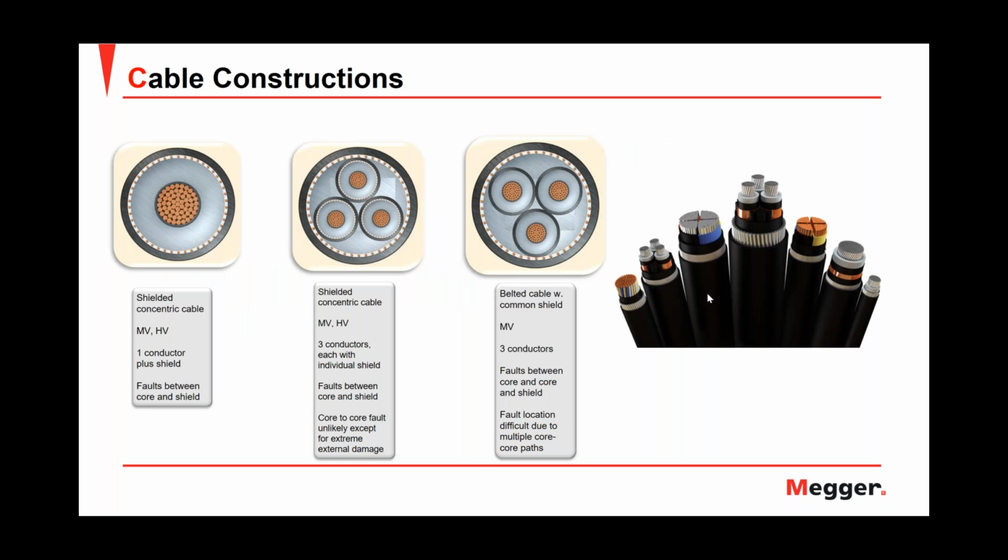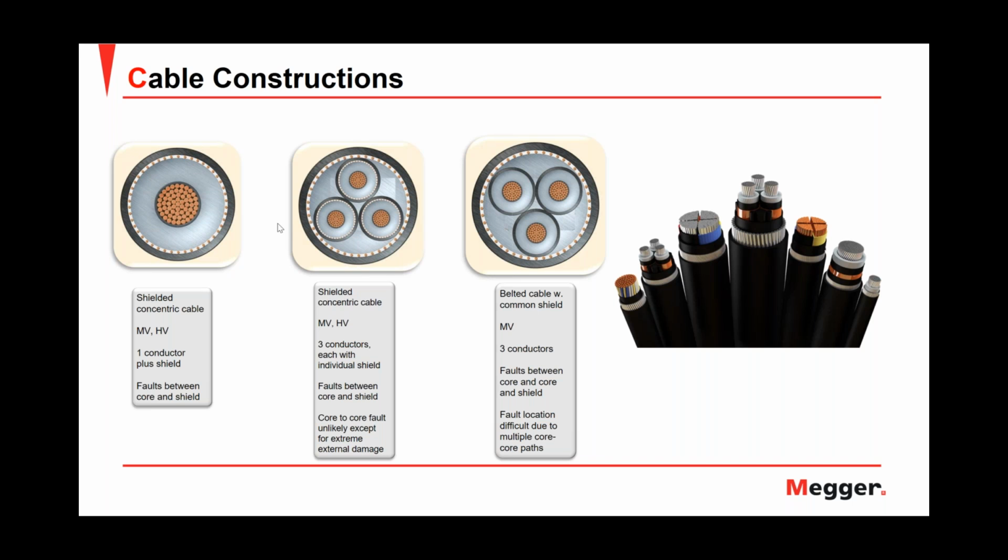Continuing with the cable construction, if you see the picture on the left, we have the classic one-core or one-phase medium voltage cable, in which we have, in this picture, a center conductor of copper material. Then we also have the semicon layer, the XLPE insulation, and the concentric.